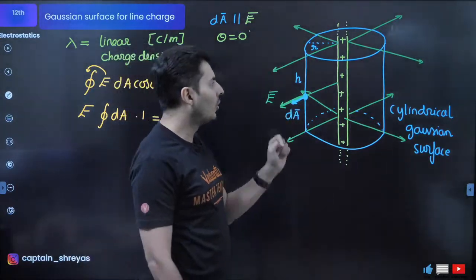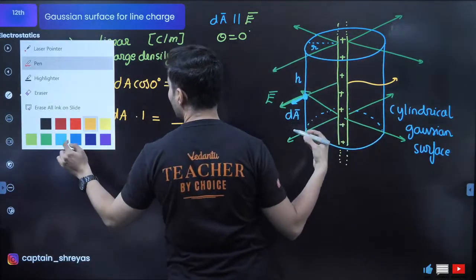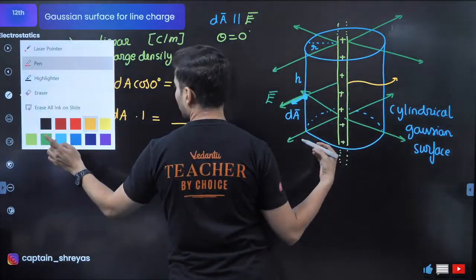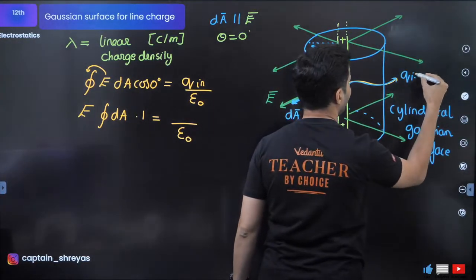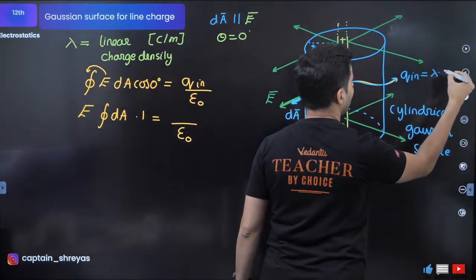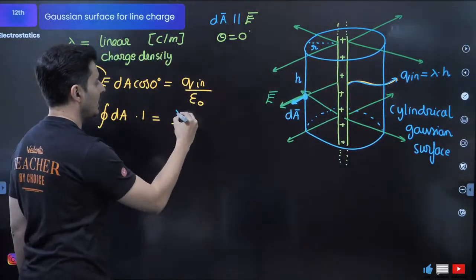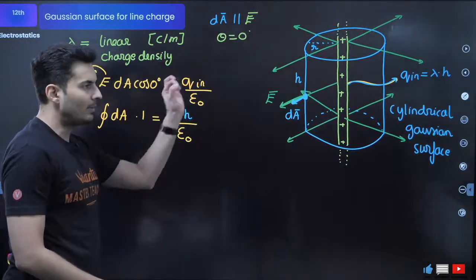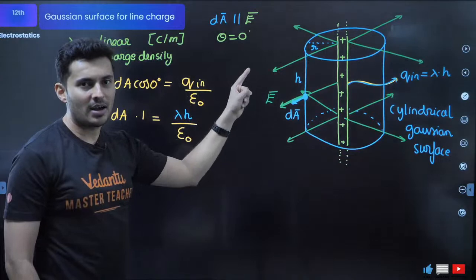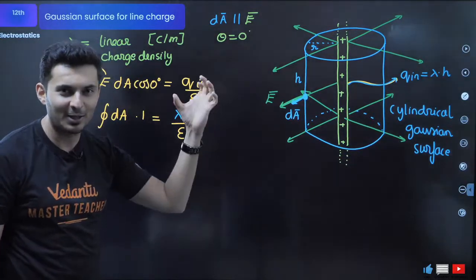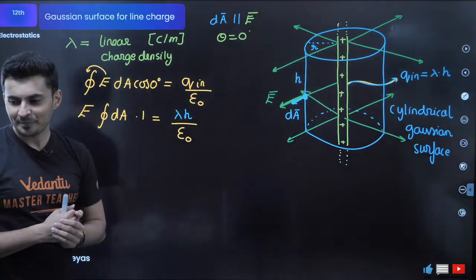So the charge which is going to be there inside will be lambda into h. Are you guys agreeing with this? Lambda is coulombs per meter, h meters, so lambda coulombs per meter into h meters will give me that many coulombs. I hope this is clear.